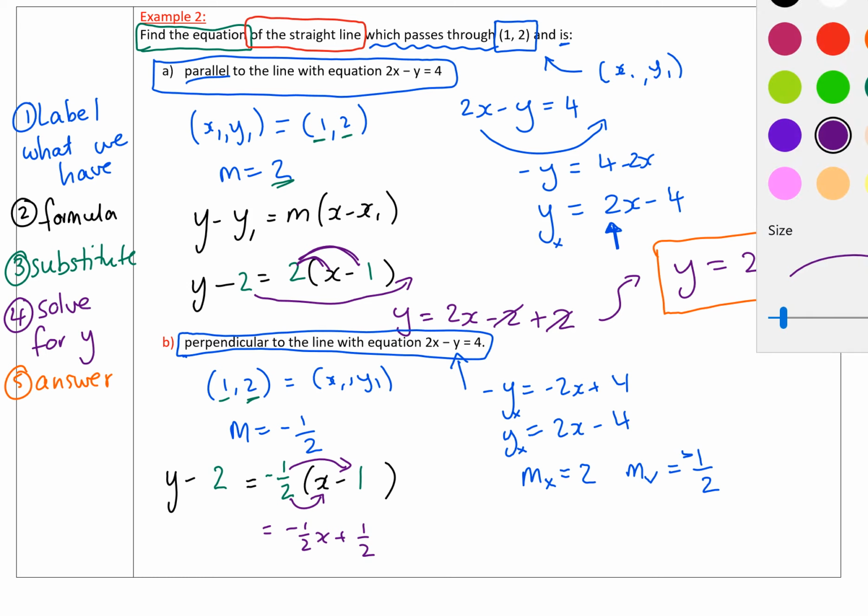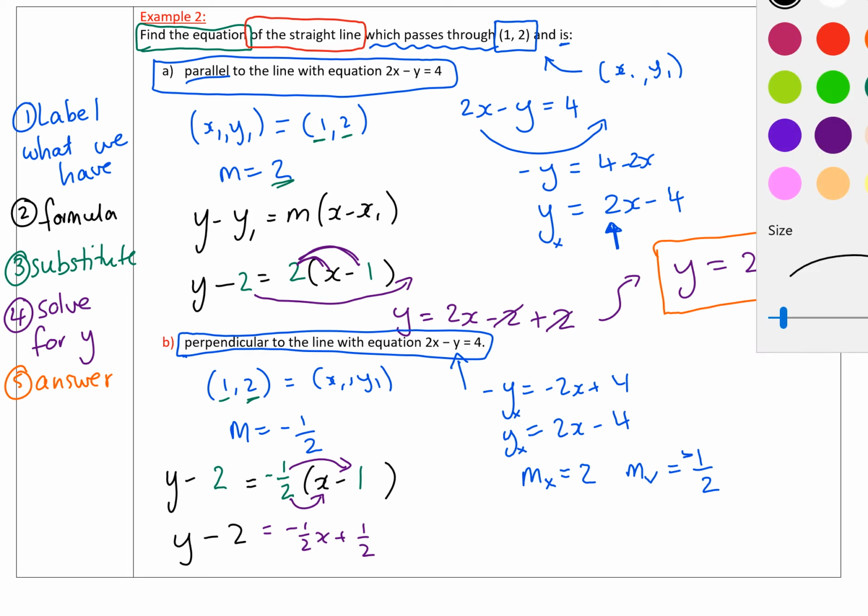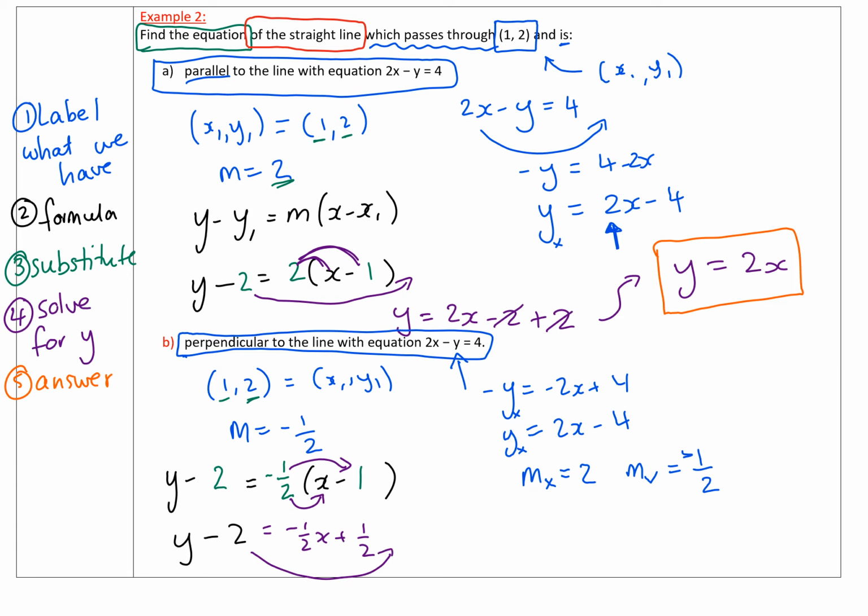And on the left-hand side that's been untouched, so y minus 2. In order to get y on its own, I just need to add 2 to both sides. So that's a process of adding 4 over 2. This makes it easier for me to add the fractions. So 4 over 2 is a number 2. That means that y equals negative a half x, and 1/2 plus 4 over 2 is plus 5 over 2.